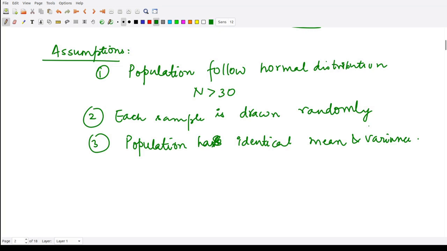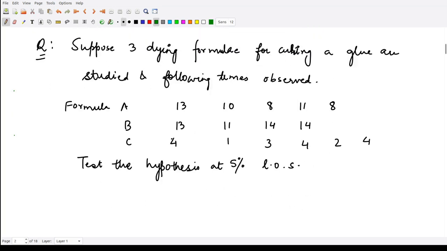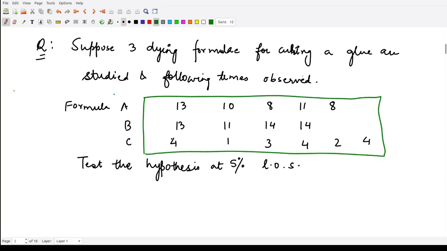So how do we solve this question? Here first of all we will calculate according to the given formulas and observations the total sum, which is represented by Ti, and it is obtained when you add up all these quantities.